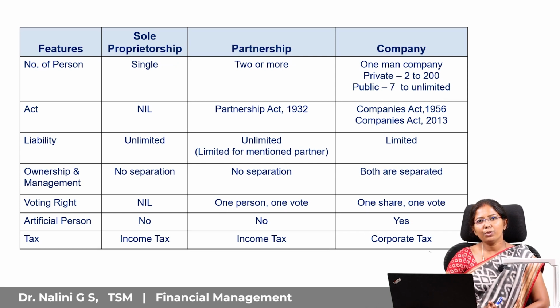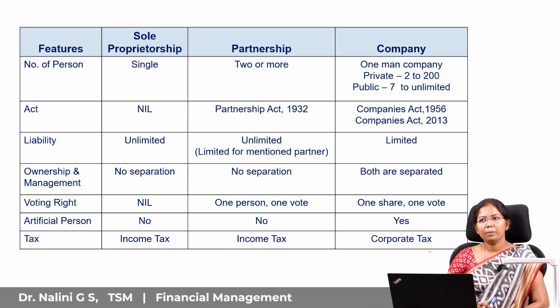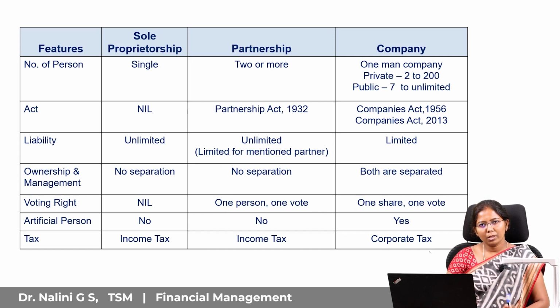Whereas in sole proprietorship and partnership, the sole proprietor and partners will have to involve their personal assets to pay off the company's debt. Separation between ownership and management, in sole proprietorship and partnership there is no separation. Whereas in company, both are separated. Owners are the shareholders and managers are the board members.